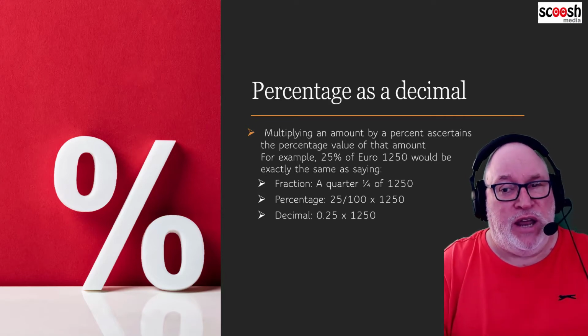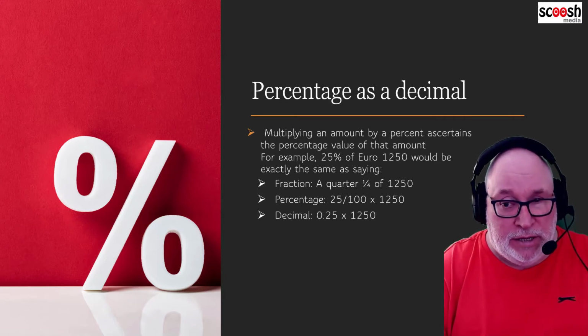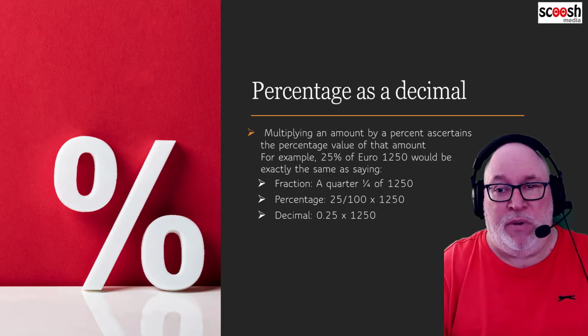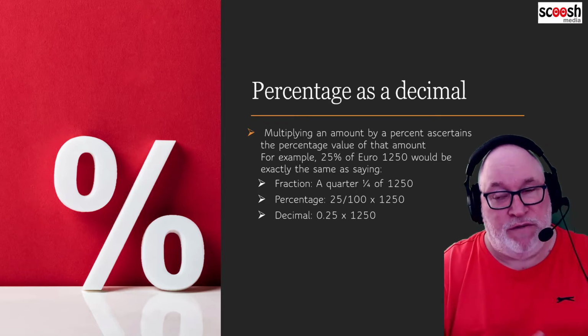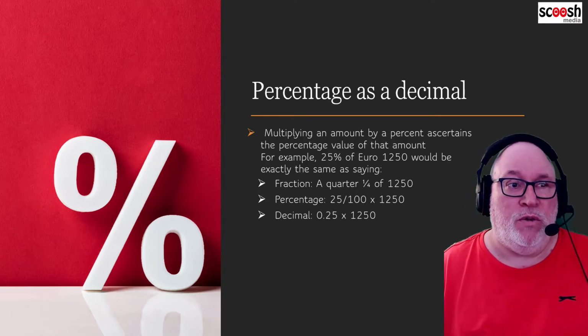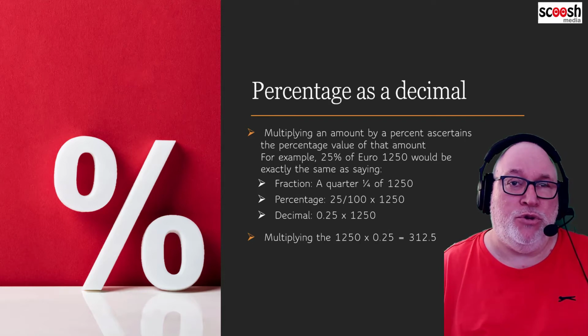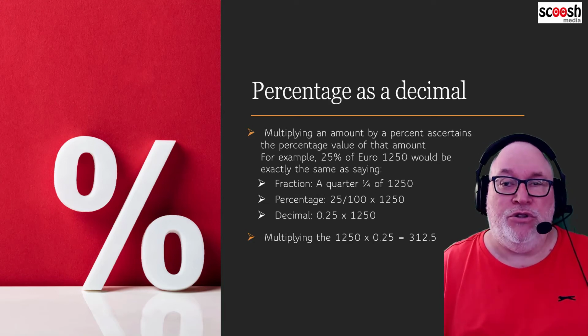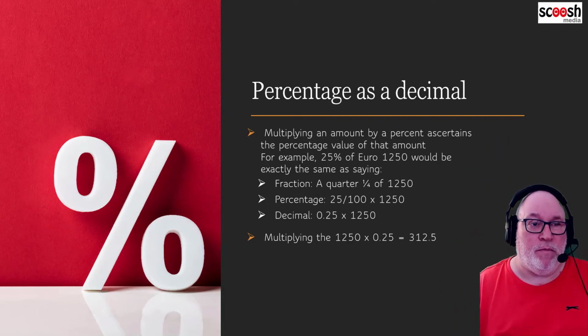The connection to a decimal, to make it easier on a calculator, or on a bit of paper or in your head, is decimal 0.25 by the 1250. So we multiply 1,250 by 0.25 and it gives us the percentage amount, which is 312.5.